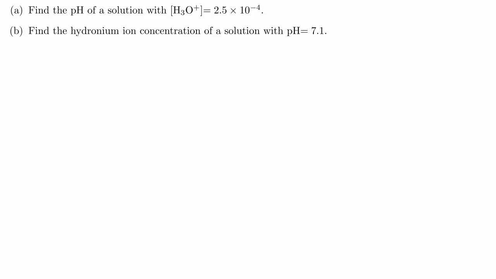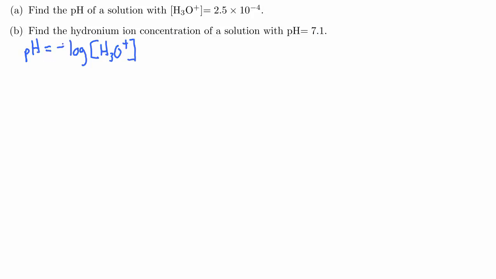To do this problem, we have to understand pH. A mathematical definition for pH is that the pH level is the negative log of the H3O+ ion concentration. This is in moles per liter, and pH has no units associated with it.